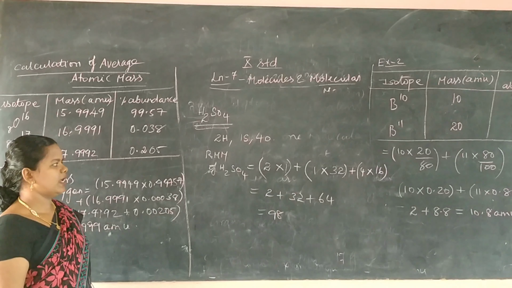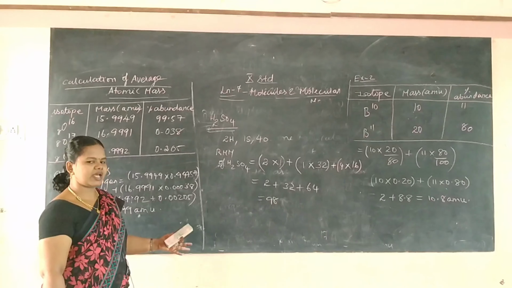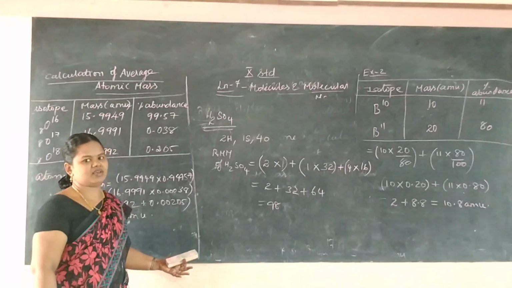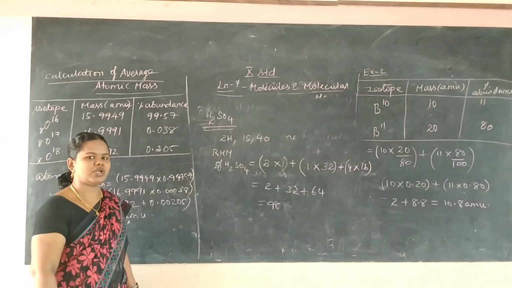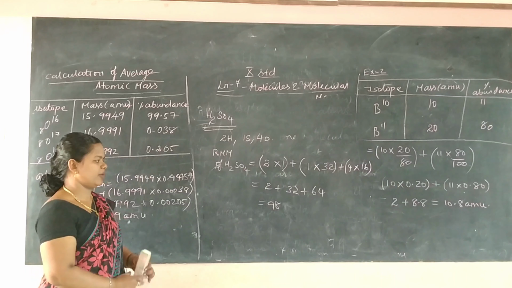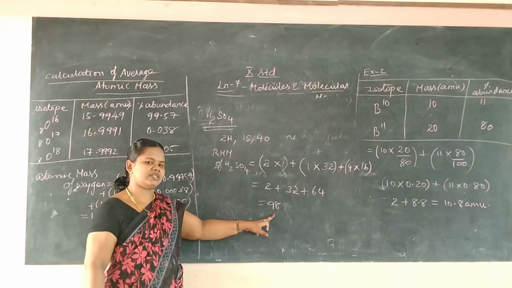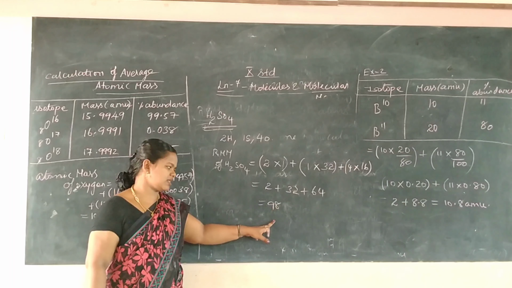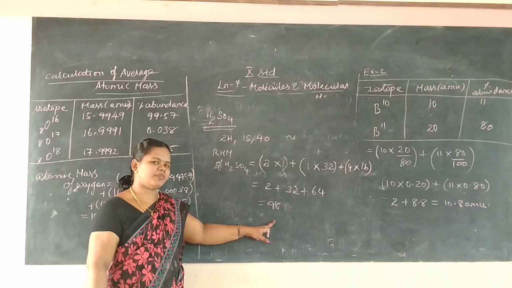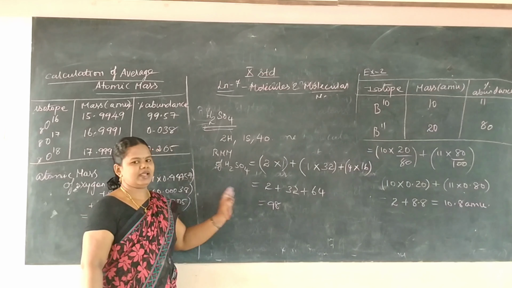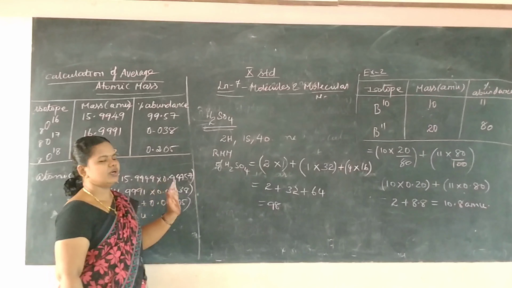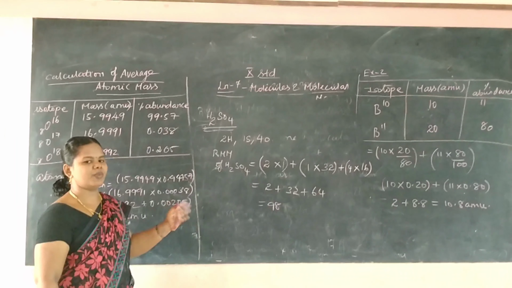Sulfuric acid is 98 times as heavy as 1/12th part of the mass of the carbon 12 atom.